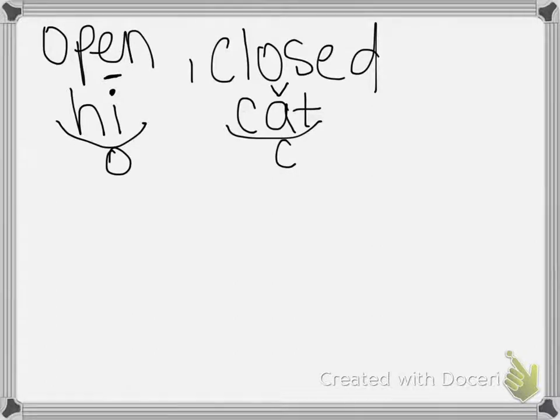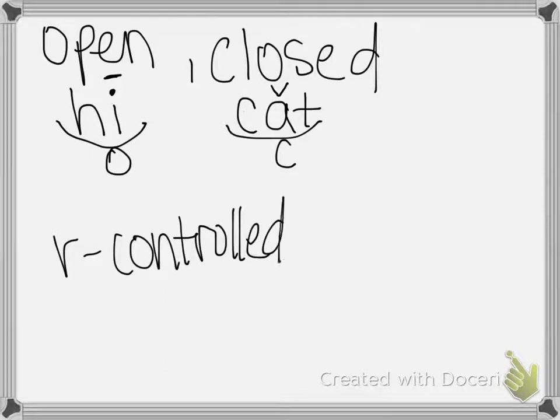so it gets that macron up there. And then you have the option for R-controlled, like the word storm. So R-controlled is where you have an R controlling what your vowel is saying.